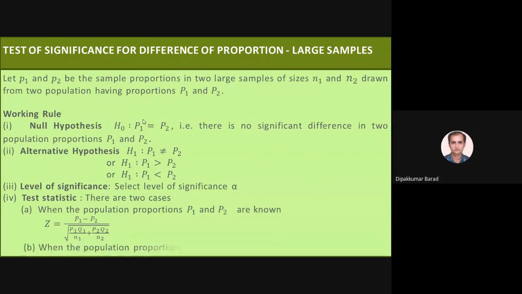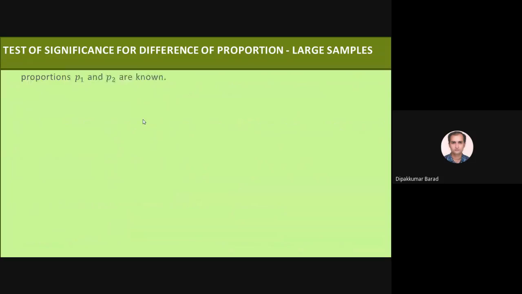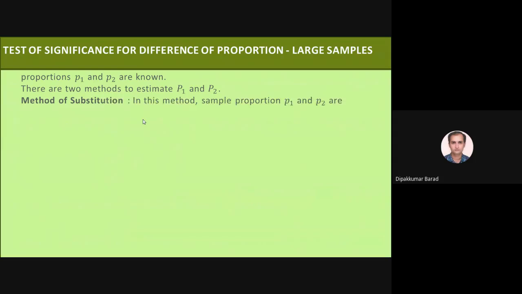Now the second case, when the population proportions capital P1 and P2 are not known, but the sample proportions, small p1 and small p2, are known. We have two methods for estimating capital P1 and capital P2. The first is the method of substitution. In this method, the sample proportions p1 and p2 are substituted for capital P1 and capital P2.